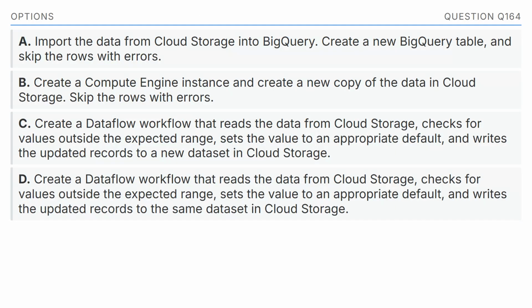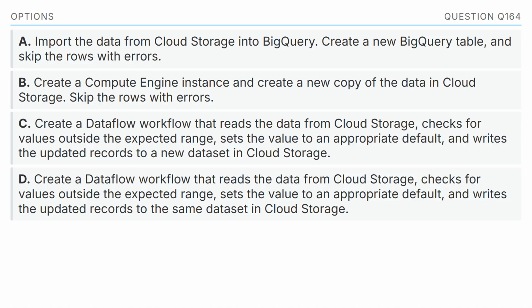The options are: Option A, import the data from cloud storage into BigQuery. Create a new BigQuery table and skip the rows with errors. Option B, create a Compute Engine instance and create a new copy of the data in cloud storage. Skip the rows with errors.